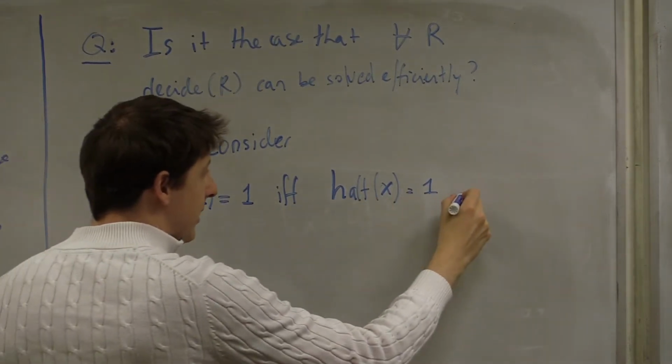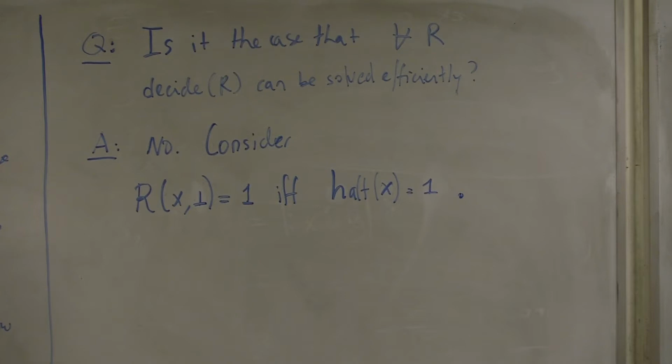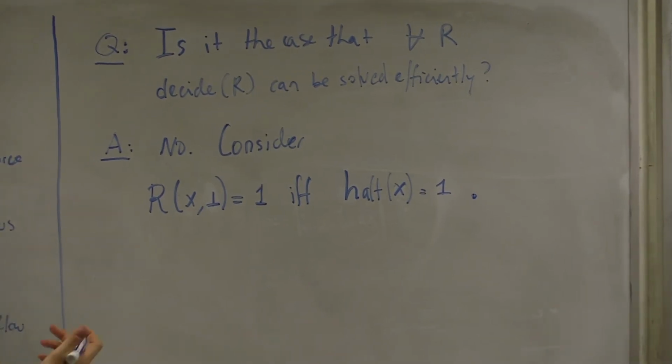And we know through the undecidability of the halting problem that there is not just no efficient algorithm that decides this relation, there's just no algorithm, period, regardless of its running time.